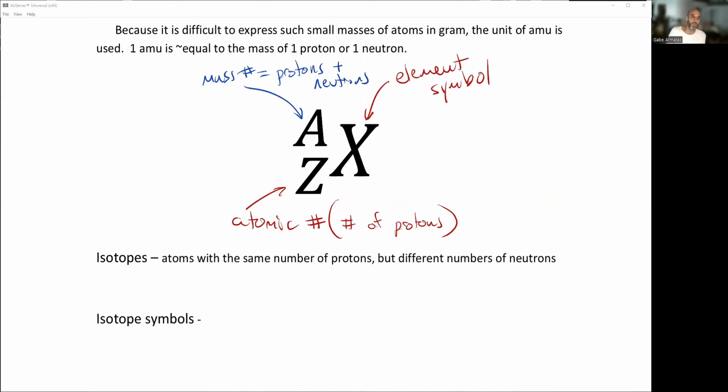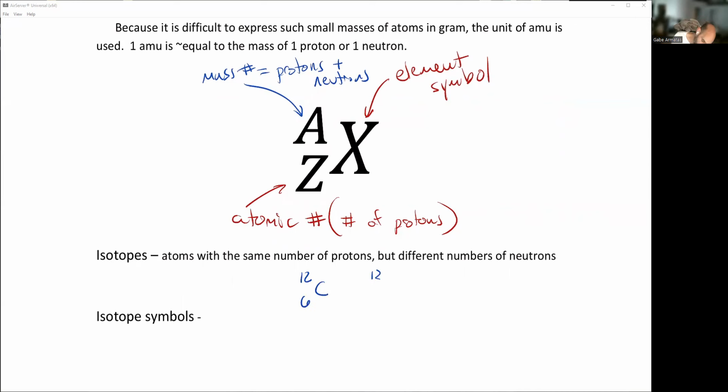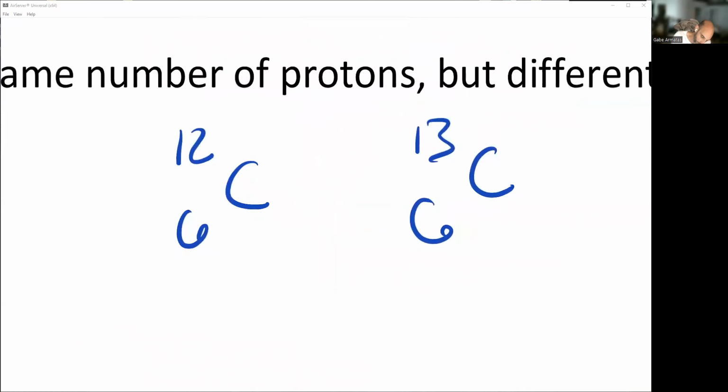Okay, good. So isotopes. Isotopes are atoms that share the same number of protons, but they have different masses. So if we take a look at something like carbon 12, carbon also comes as what we call carbon 13. So carbon 13 has a different number of neutrons.